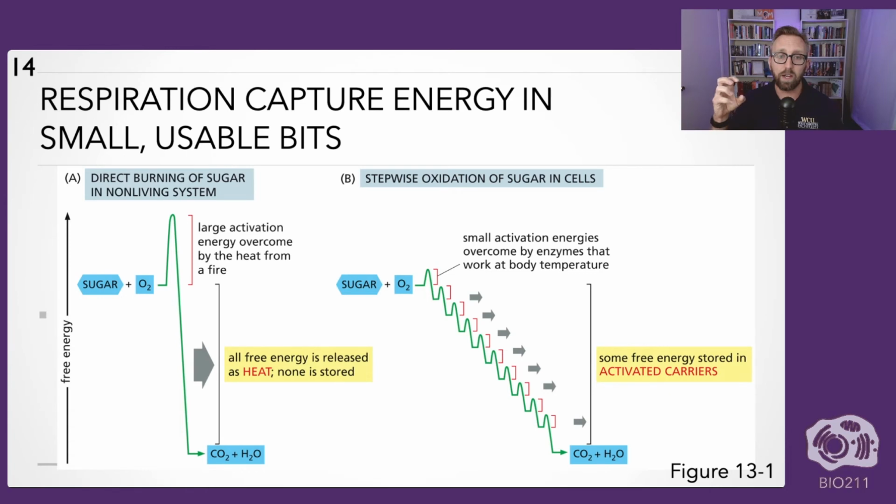That captures the energy, and it can be used in other processes. Now, you always lose energy as heat. That's just how it works, and that's okay. But in this case, with the stepwise oxidation, with respiration, you can capture that energy and store it rather than just having it all go out in the form of heat.